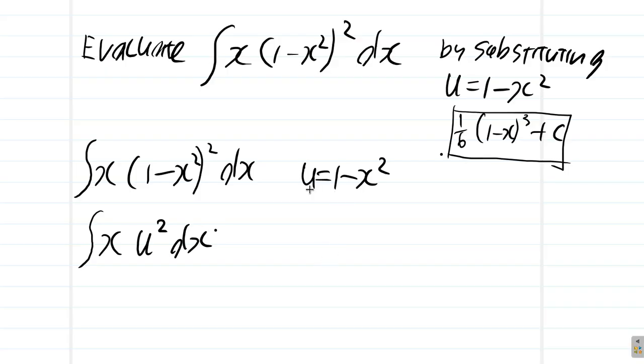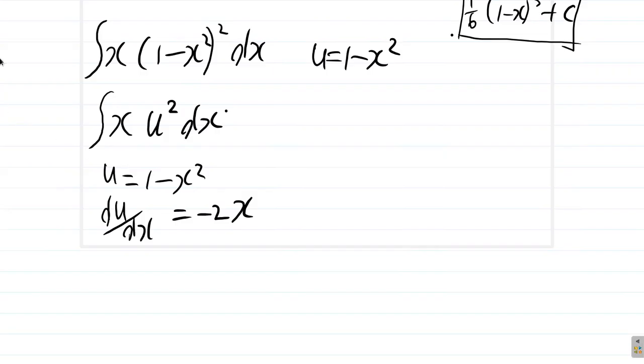So let us see what dx is equal to in terms of u. We have u equals 1 minus x squared. That means du by dx is equal to negative 2x. So if we transpose this to make dx the subject, dx is going to be du divided by negative 2x.